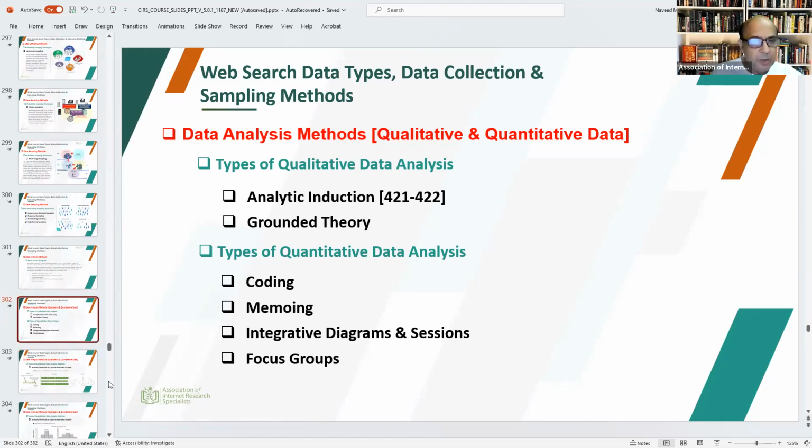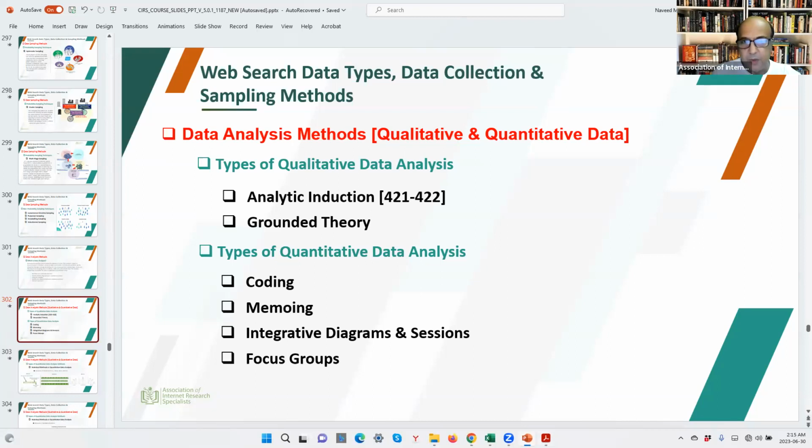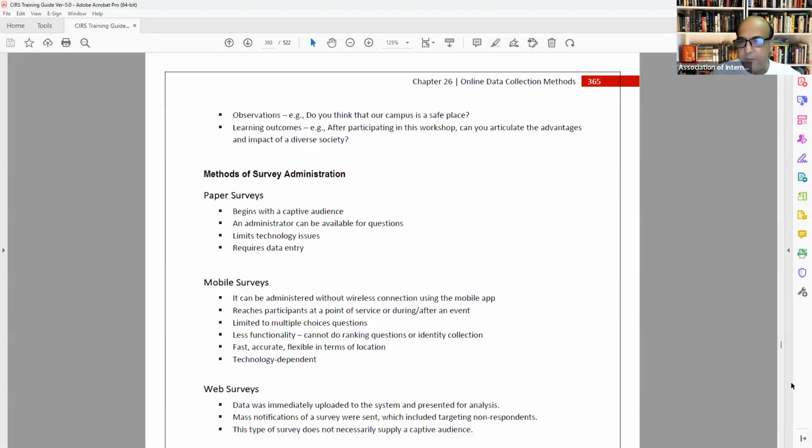So we'll talk about grounded theory. In the qualitative data analysis, we'll look at analytic induction, grounded theory, page 421, 422. Let's pick this up from the book. Let's do it from the book.